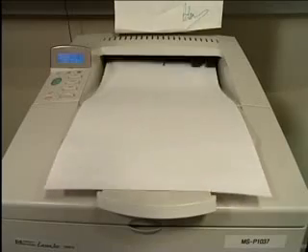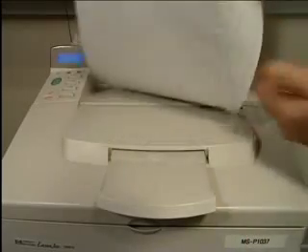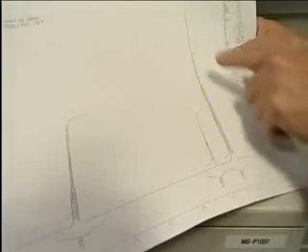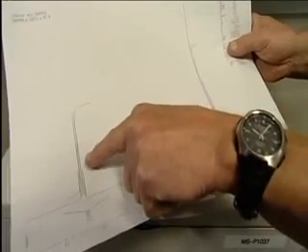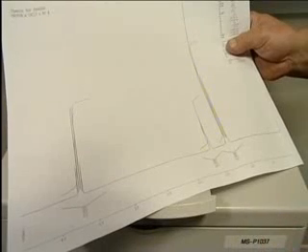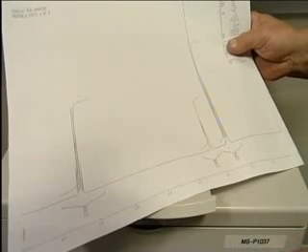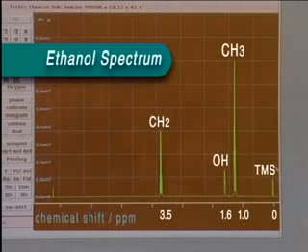The area under each peak is proportional to the number of each type of proton. This is calculated by the computer and represented by the step height of this integration trace. A closer look at the spectrum shows that the peaks are in fact split into groups of peaks called multiplets with particular patterns. This is called spin-spin splitting.